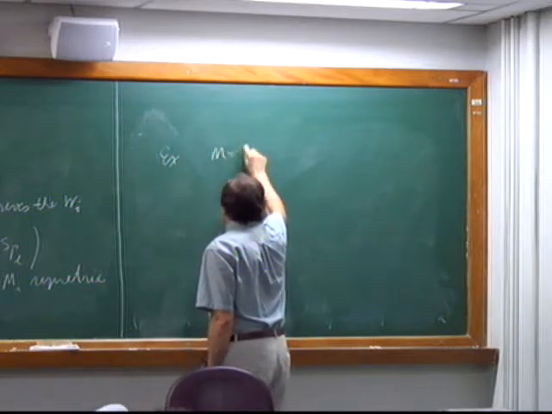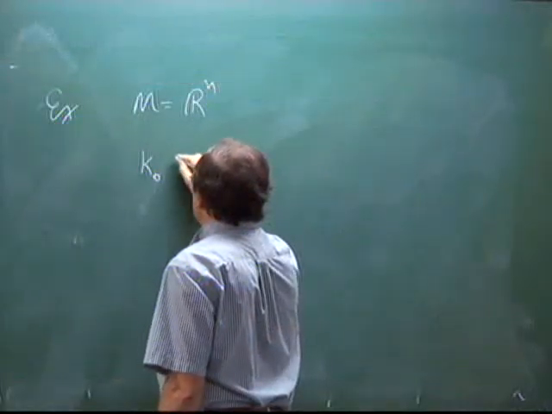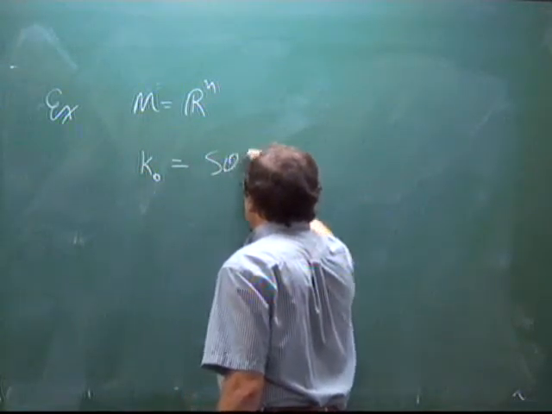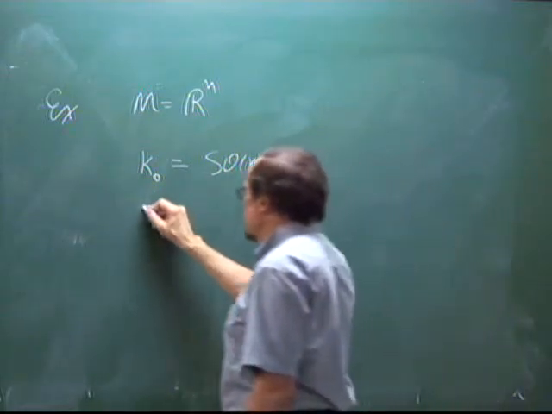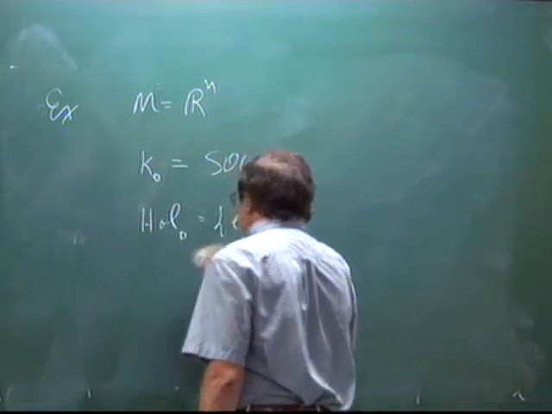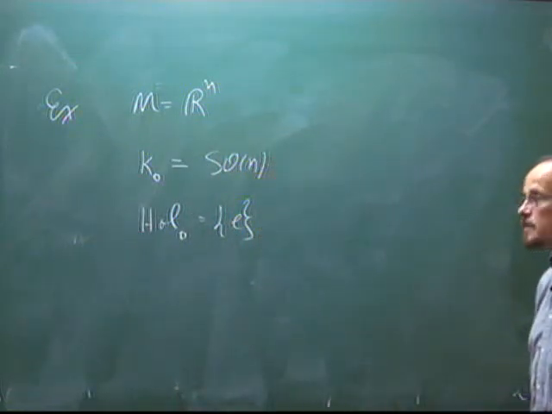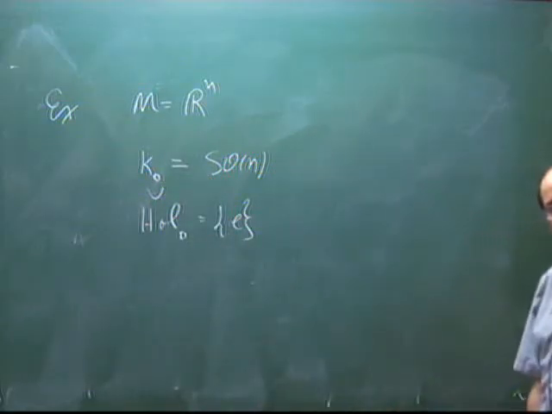So if M is flat Rn, K0 is then the special orthogonal group. That's the isotropy of the point. But of course, holonomy is just trivial because parallel translation doesn't depend on the path, right? So this group is trivial, and this group is a full orthogonal group, so as far apart as you want to. Right? But that's essentially the only example.